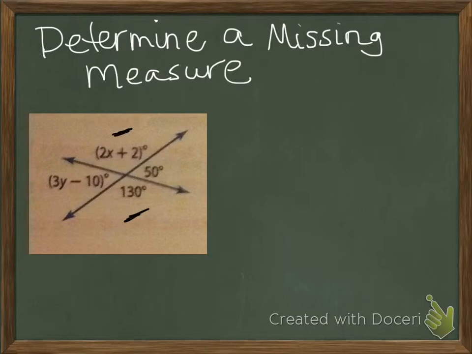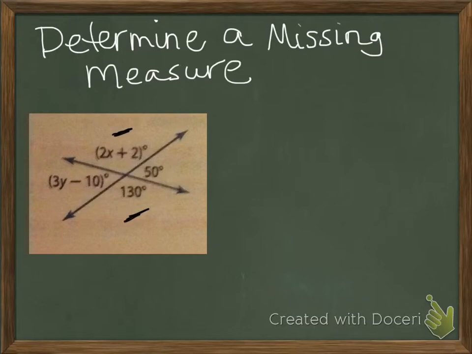So I know that it is 130 degrees, but it's 2 times some number plus 2 equals 130 degrees, so we're trying to find out what that number is. So guess what we're going to set up? I told you equations would never go away. So let's set up an equation to find the missing measure.